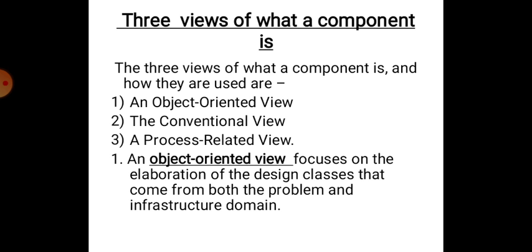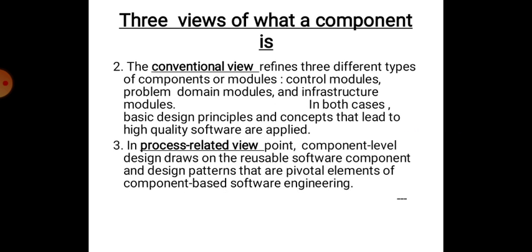First, the object-oriented view. It focuses on the elaboration of design classes and comes from both the problem and infrastructure domain. Second, the conventional view refines three different types of components or modules: control modules, problem domain modules, and infrastructure modules.